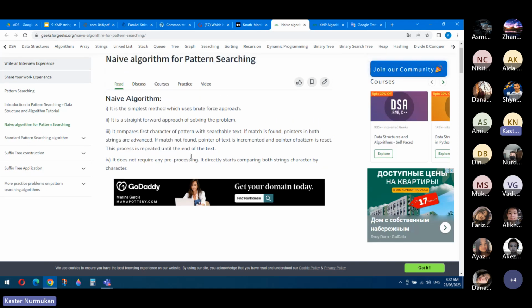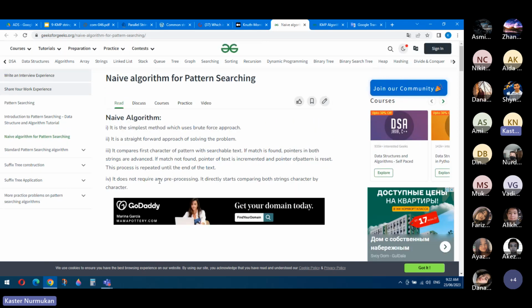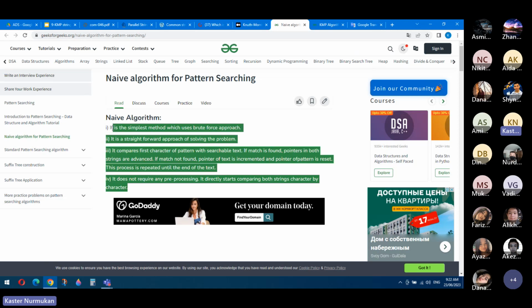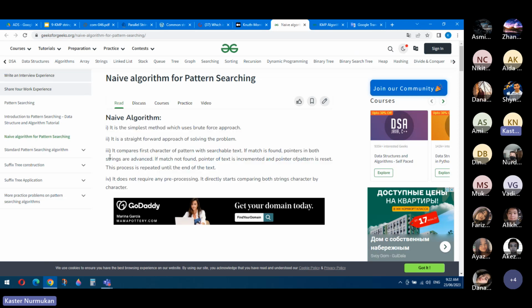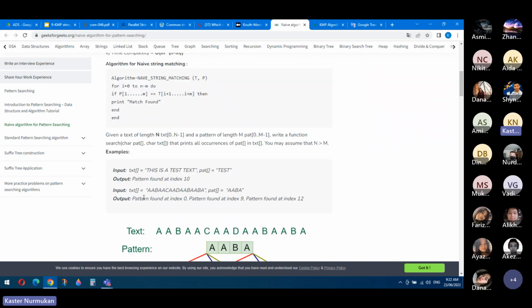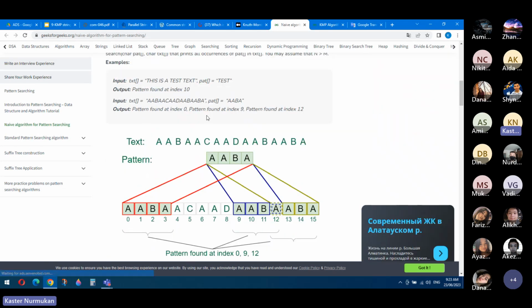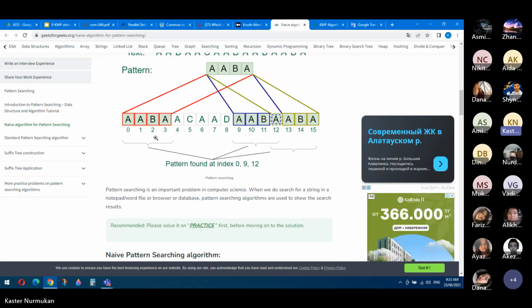And then, okay, so that's the comparison. Now, how exactly does the naive algorithm work? Actually, the naive algorithm keeps comparing. Let me just introduce this one. For example, this AABA, they will find this one, right? So it is an index of 15 letters. What they're doing is comparing A to A, then the second letter B. They compared and actually found it.